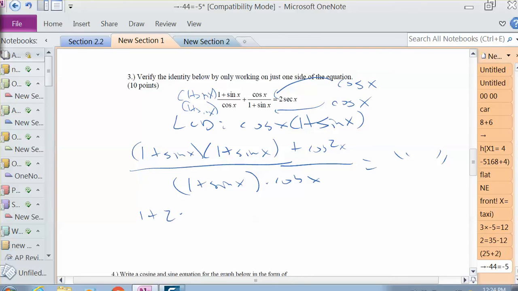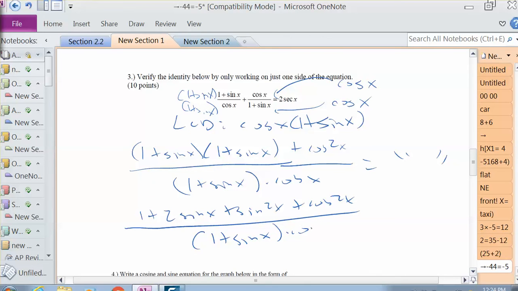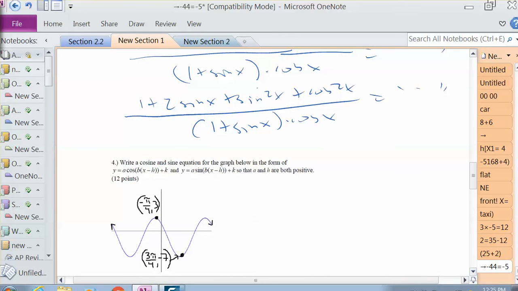FOIL, 1 plus 2 sine x plus sine squared x plus cosine squared x. Leave the bottom intact. And then hopefully you can see that that just equals 1.